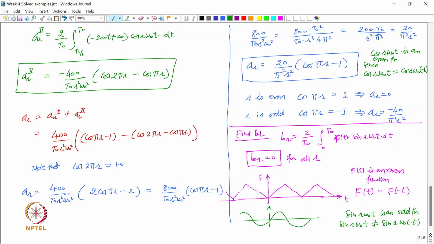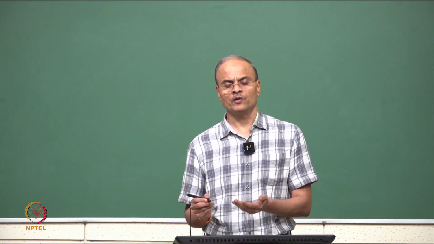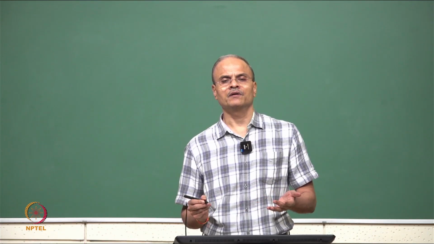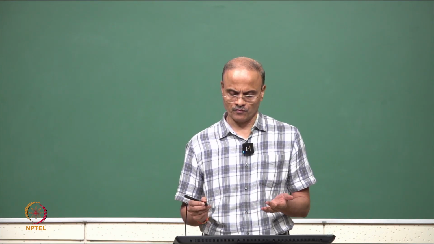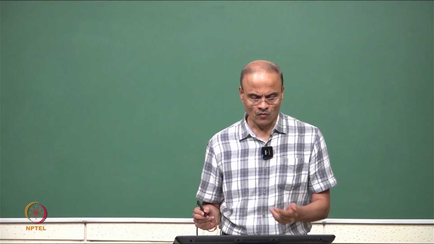And that is why the coefficients AR have not all turned out to be 0; they are non-zero. So those cosine components are required to represent or break this periodic function as a sum of harmonic functions. So with this result we proceed further.